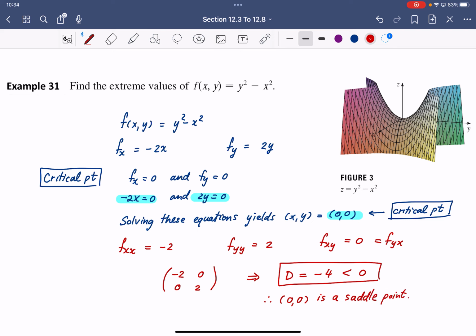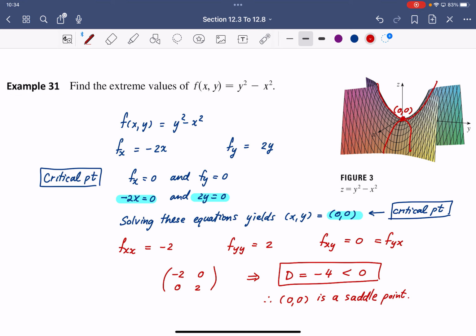If D is bigger than 0, you get a max or min. Here, the point (0, 0) is actually a saddle point because in one direction it can be a minimum, and in the other direction it can be a maximum. This is the case where we found a saddle point here.